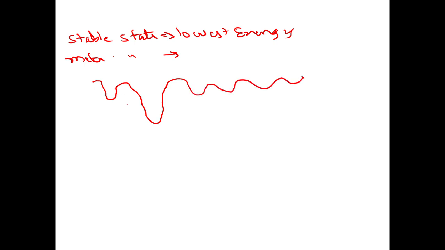So this is the energy level EA, and this is the atomic position. This is the minimum level that we have right now, and this is a higher energy level, and this is the minimum energy level.